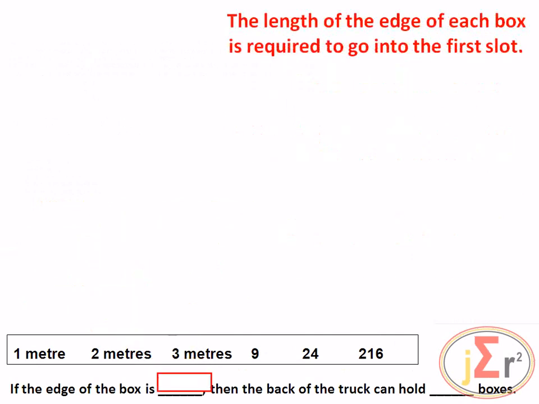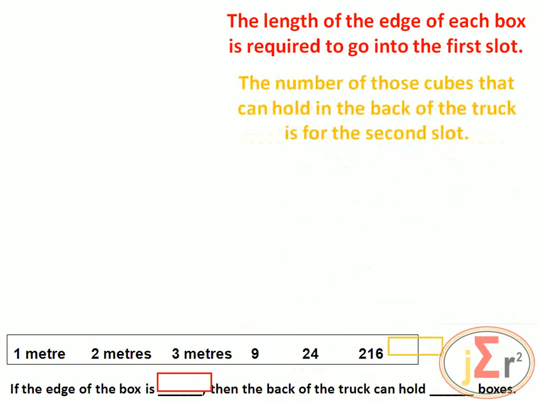The length of the edge of each box is required to go into the first slot. So the edge of the box, we need to put that in the first slot. The number of those cubes that can hold in the back of the truck is for the second slot.